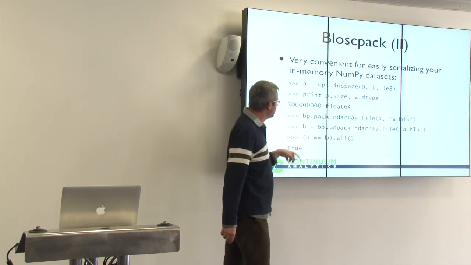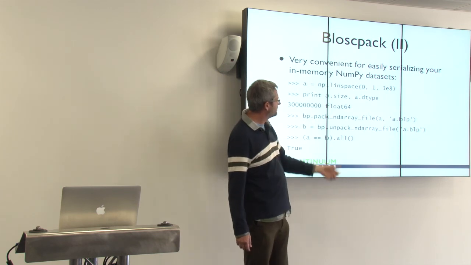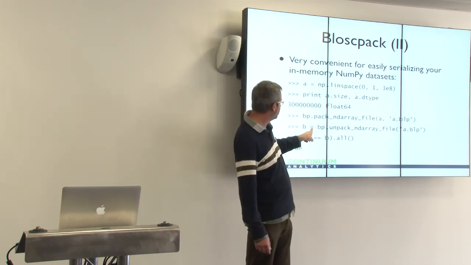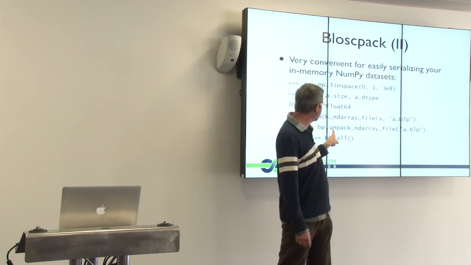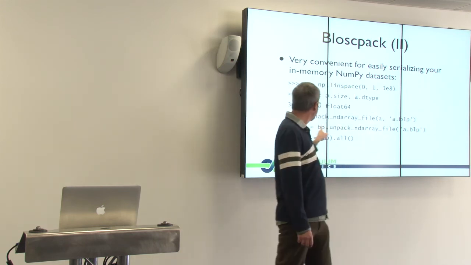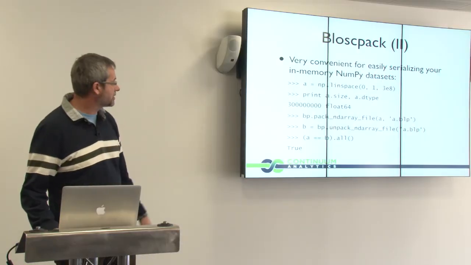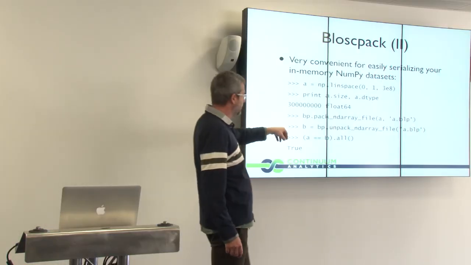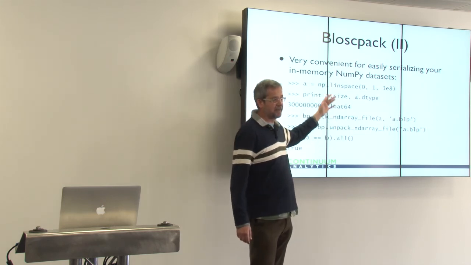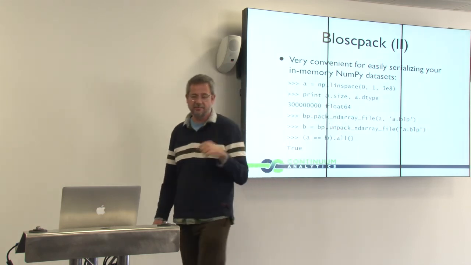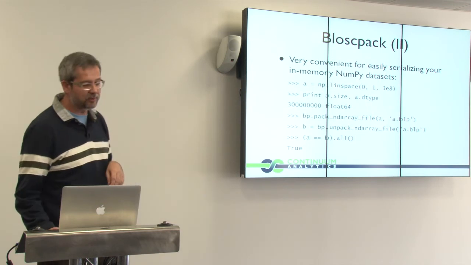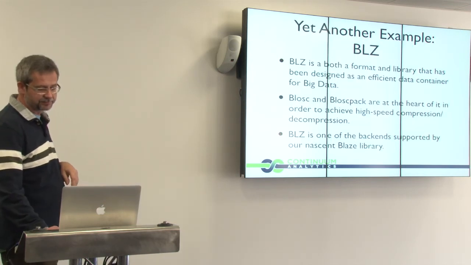Then we can deserialize the file by using unpack_array and the file, and we get the deserialized data. If we check that A and B are equal, they are. Of course, Blosc is using Blosc behind the scenes, so this happens at very high speed. Probably this is one of the fastest ways to serialize NumPy arrays nowadays.